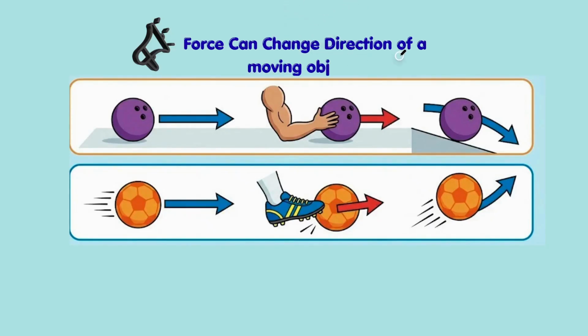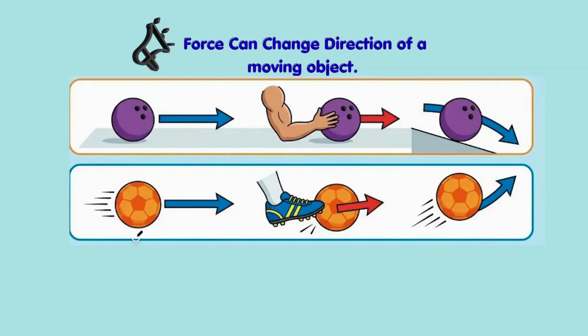Force can also change the direction of moving objects. In the first example, you can see a ball is rolling in one direction. Suddenly, it was tapped and you can see the direction of the moving ball changed because a force was applied here.